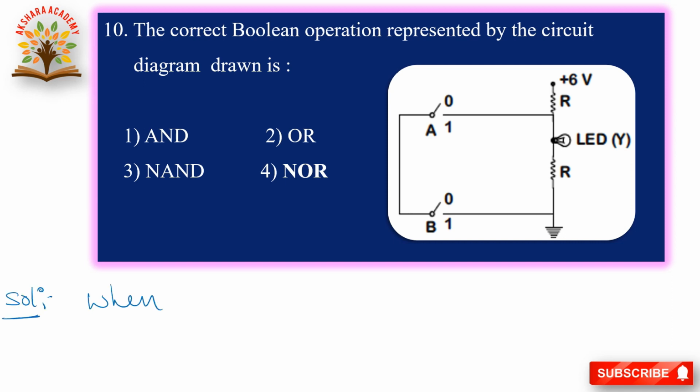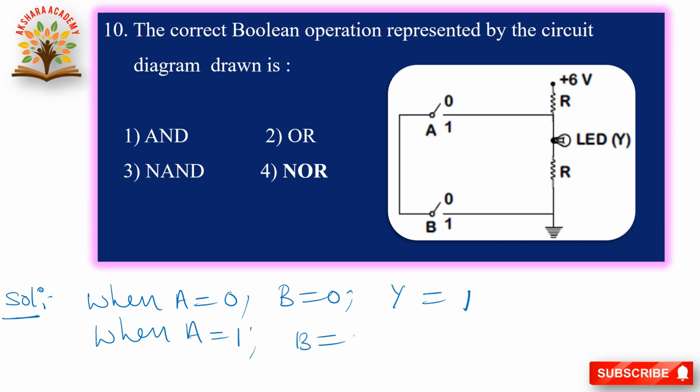When A = 0, B = 0, then Y = 1. When A = 1, B = 0, Y = 1. When A = 0, B = 1, then Y = 1. And last, when A = 1, B = 1, then Y = 0.